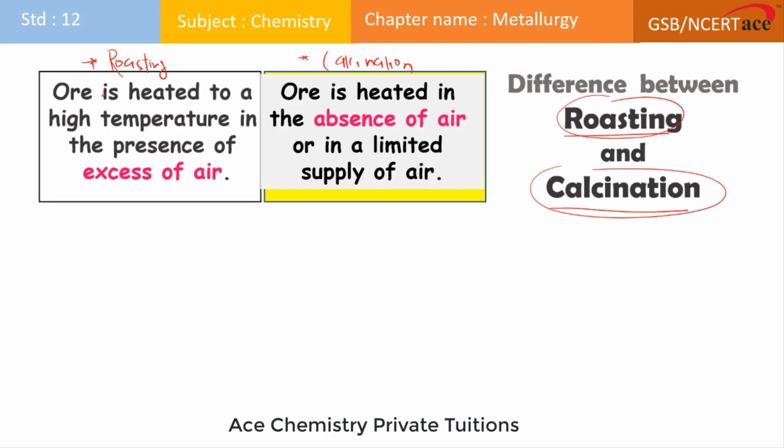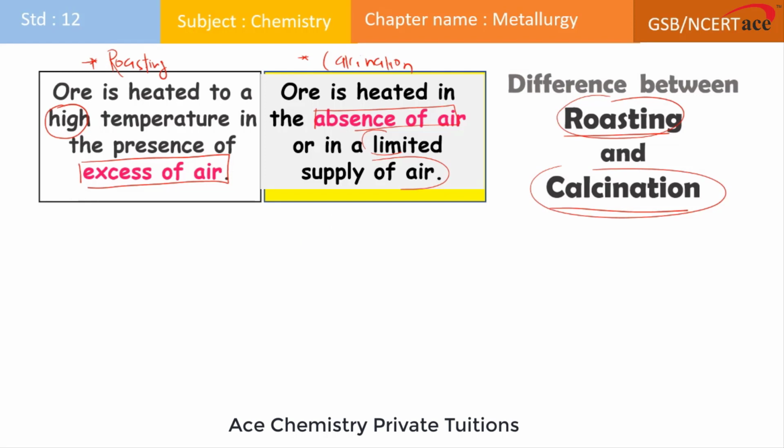In roasting, the ore is heated to a very high temperature, but this temperature should be below the melting point of the compound, in presence of excess of air, and in calcination the ore is heated in absence of air or in limited supply of air. Do you know which type of ore we are taking for roasting?